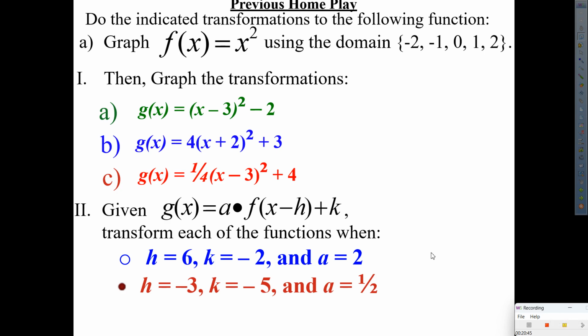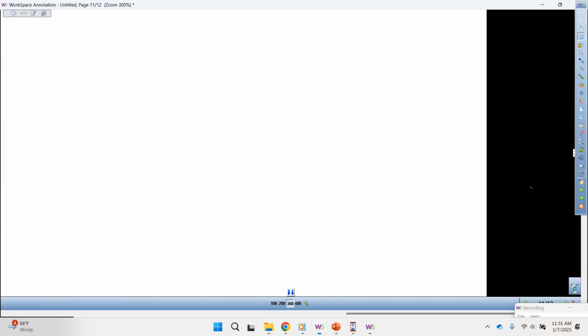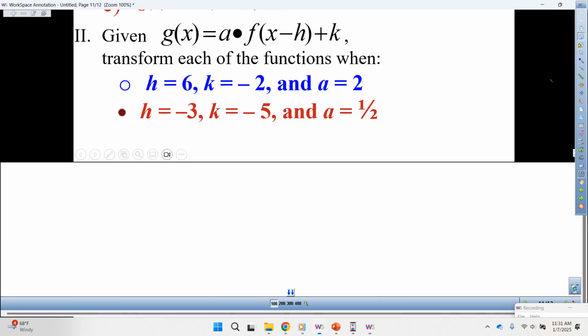Alright, turn your paper over. Now we're going to do the second part of the home plate. Look up. We're going to do this last one. H at -3, K at -5, and A at 1/2. Oh, hold on. Write these parameters down, guys, on your graph paper on the left side.